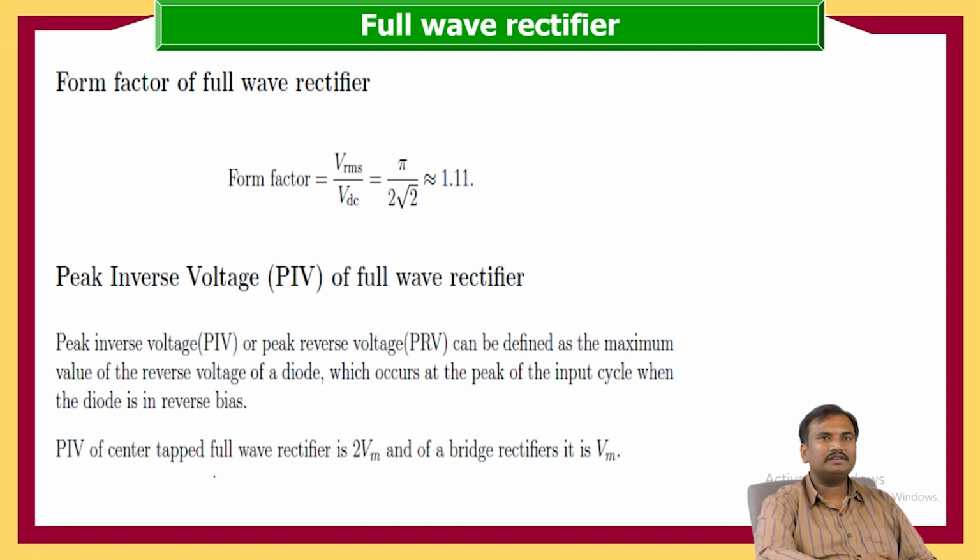Here the peak inverse voltage of center tapped full wave rectifier is 2 Vm and of the bridge rectifier is Vm. If it is a center tapped rectifier, 2 Vm is the maximum negative voltage which can appear across the diodes. Whereas if it is a bridge rectifier, the maximum voltage appearing across the diode is Vm.